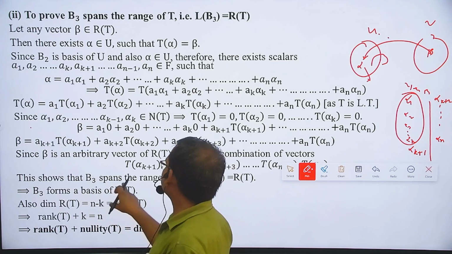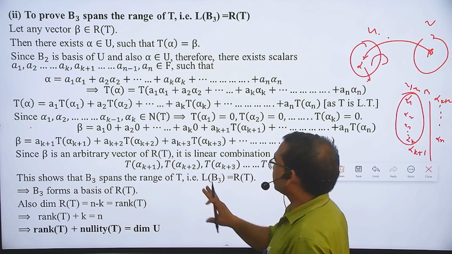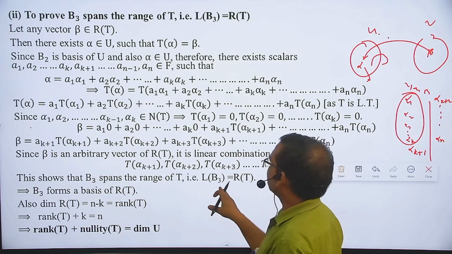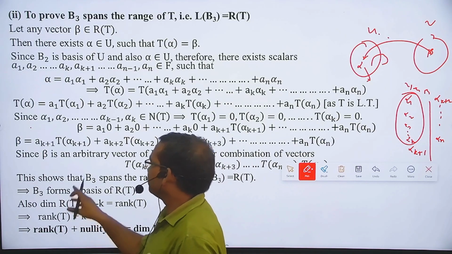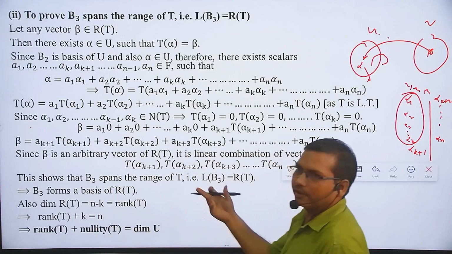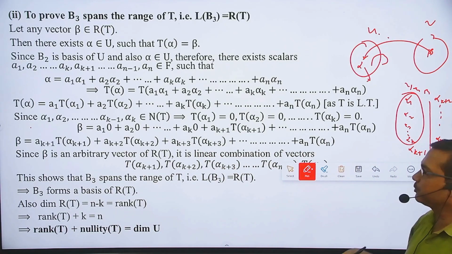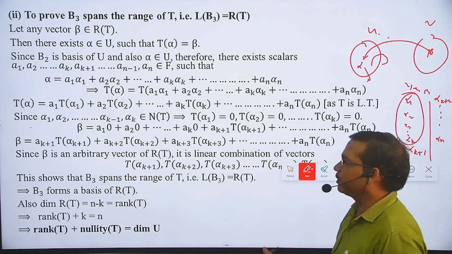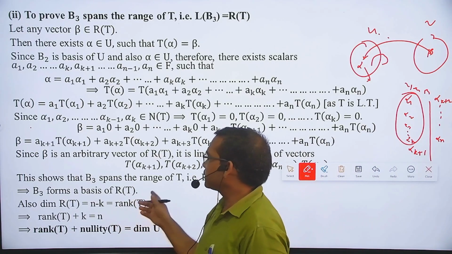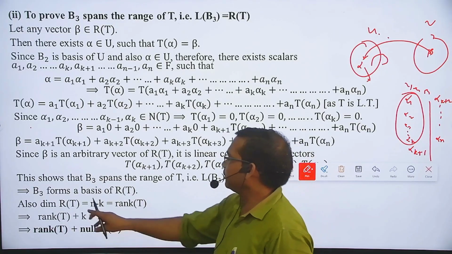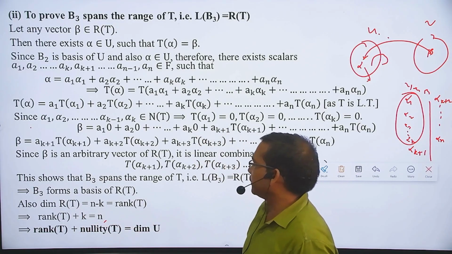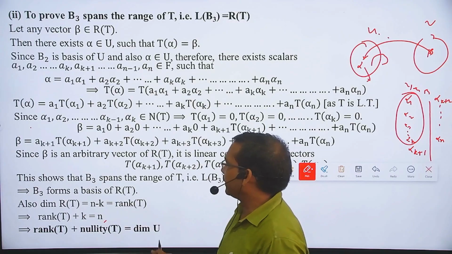This shows that B3 spans the range of the transformation, that is, the linear span of B3 is equal to the range space. It means B3 is linearly independent and spans the range space, so B3 forms a basis of R(T). Also the dimension of R(T), which we have taken as n minus k, is equal to rank T.